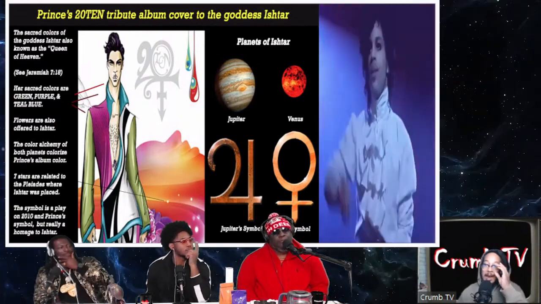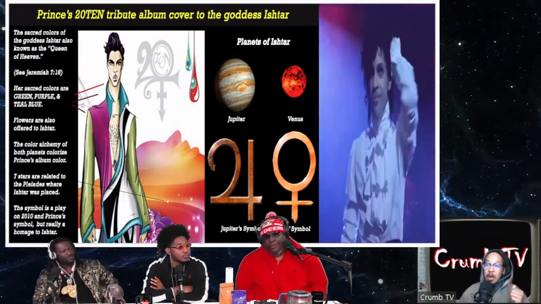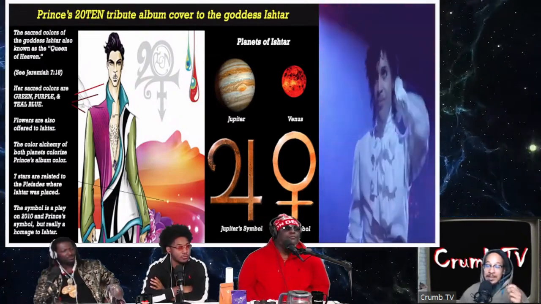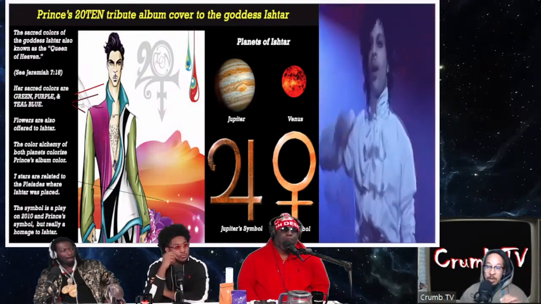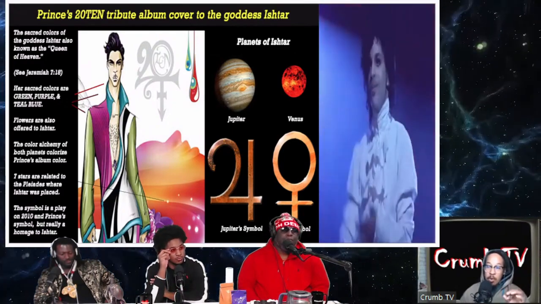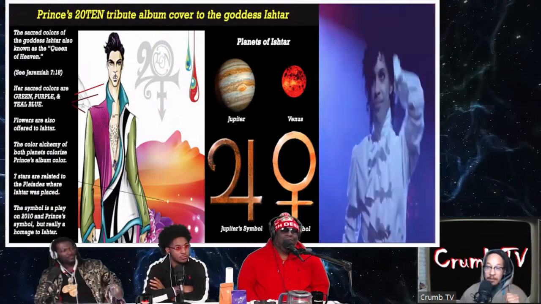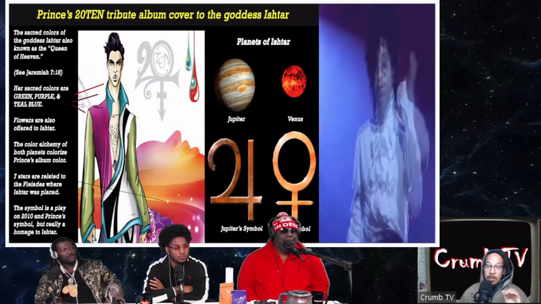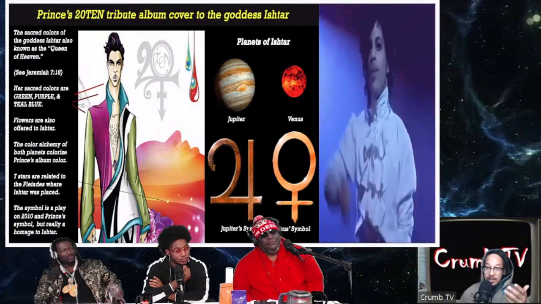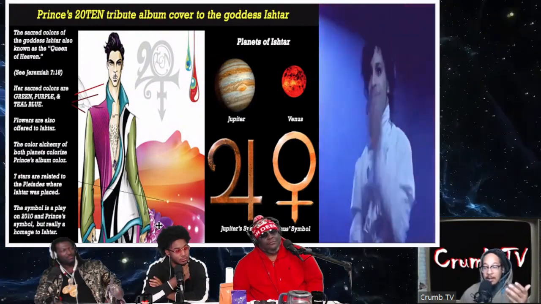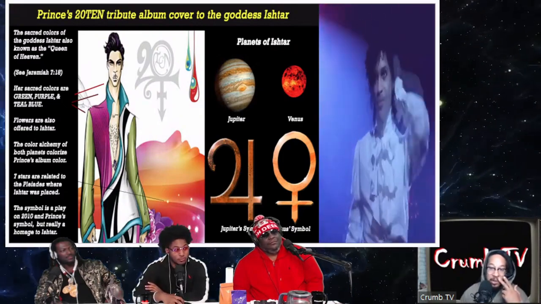But anyway, Ishtar or Lilith, her colors are green, purple, and teal. And you can see on the album cover, he's wearing a shirt that has green, purple, and teal. This is a tribute to Lilith or Ishtar. Flowers are also offered to Ishtar or Lilith, and you're going to see flowers by his hand right here where I'm hovering over.